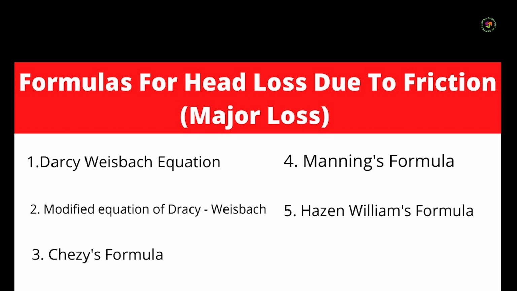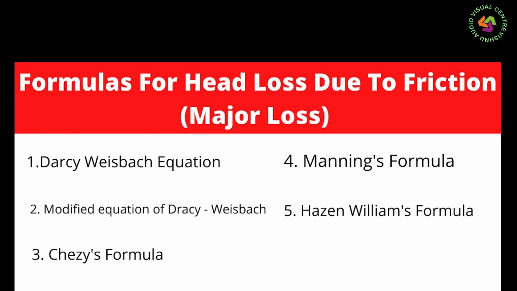Then, in today's lecture, we derive the equation for the major loss, which is due to friction. The equation for the major loss is the Darcy-Weisbach equation, and this Darcy-Weisbach equation is applicable to turbulent flow.